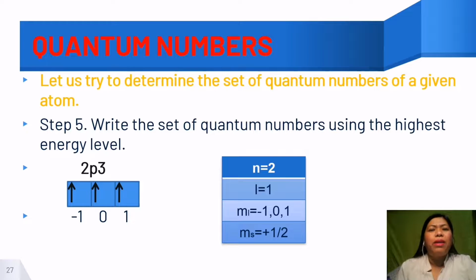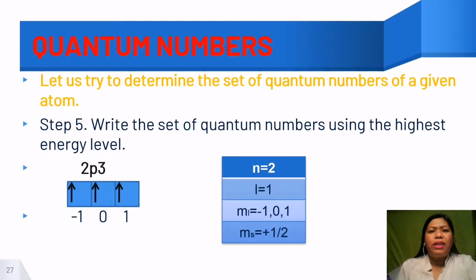At upang magkaroon naman ng negative 1/2 na M sub S, kailangan matapos ang distribution sa line facing downward. Kung kaya, ang value ng M sub S ng ating nitrogen atom ay positive 1/2. Dahil mapapansin natin na sa highest energy level, natapos ito sa line ray facing upward.